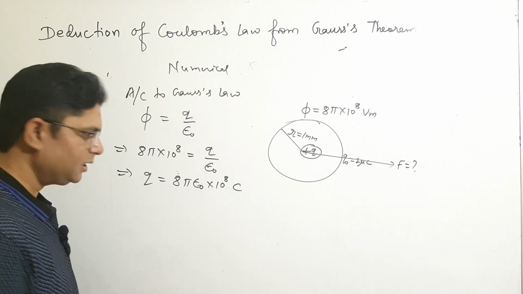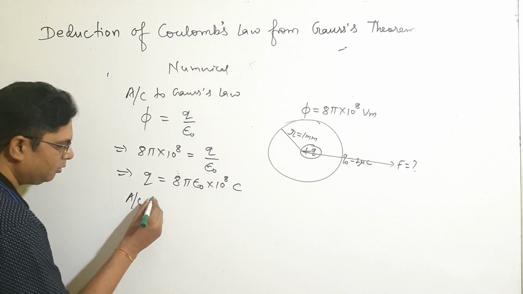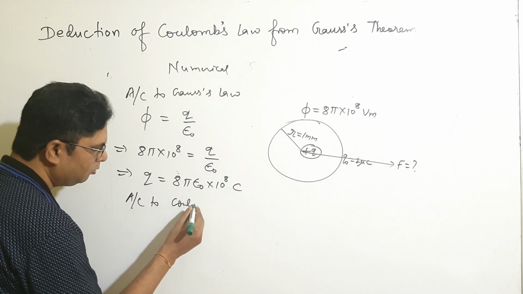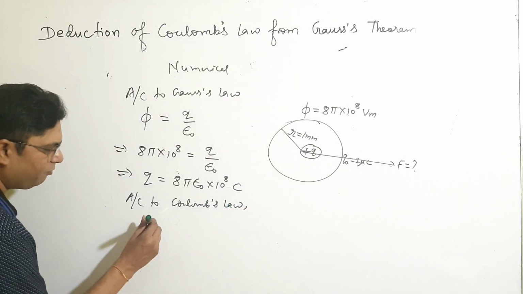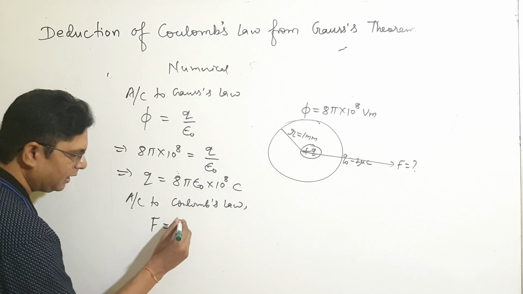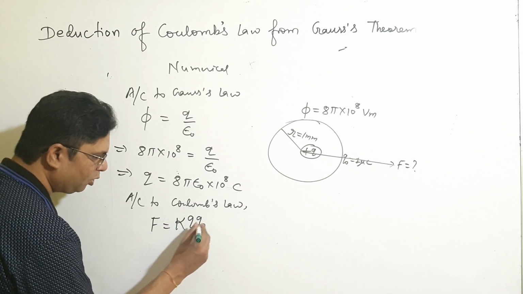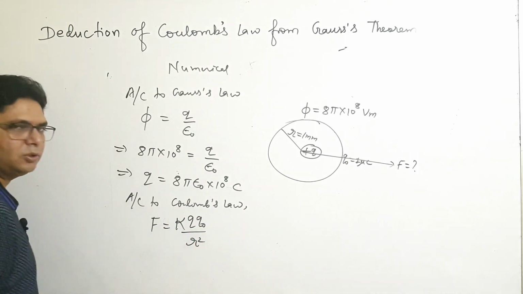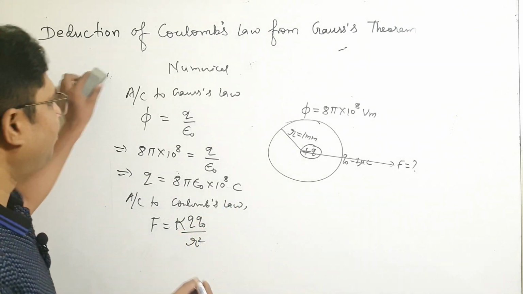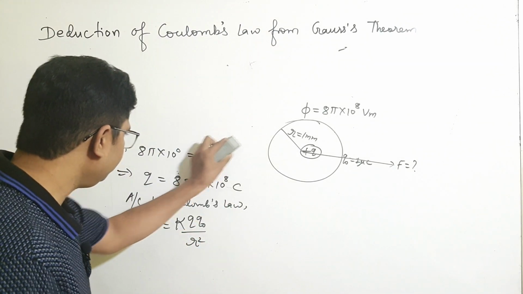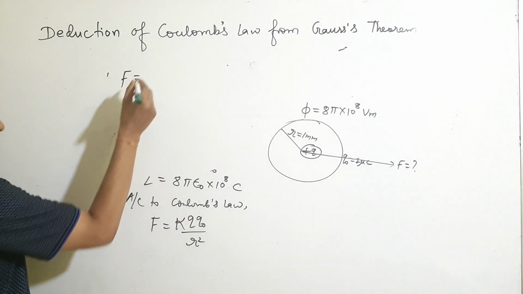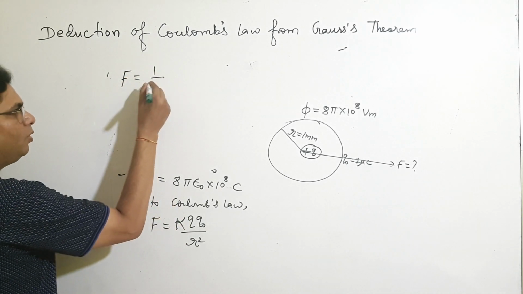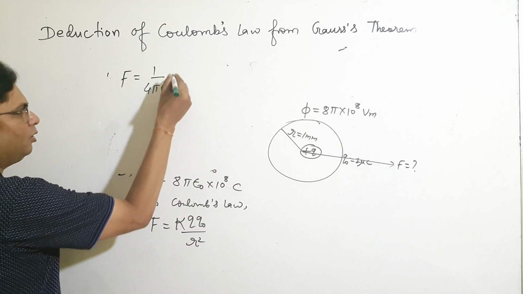You get the charge. Now according to Coulomb's law, you have force F is K Q naught upon R square. So let us place the values. The value of K is 1 upon 4 pi epsilon naught.